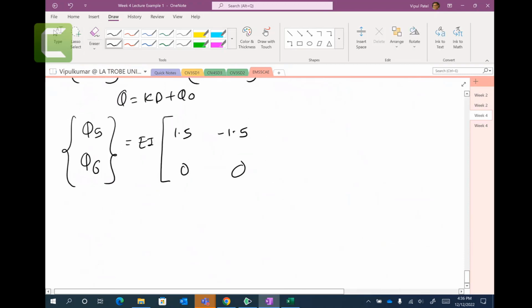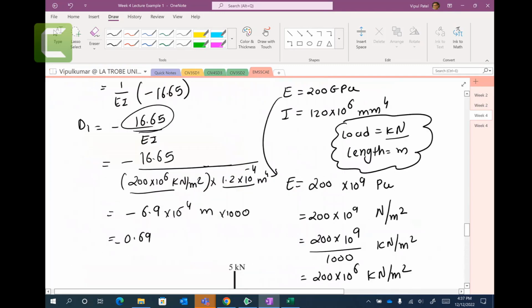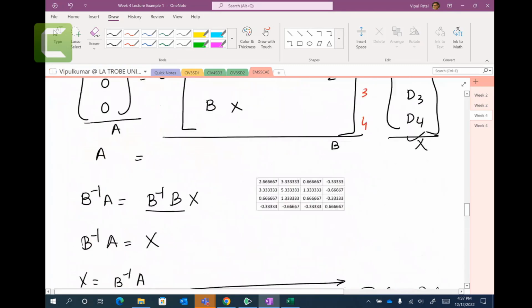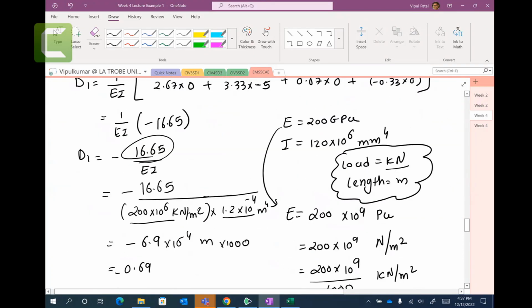We need to get 4 by 2: 1.5, minus 1.5, 0, minus 1.5, 1.5, 1.5, and then you have D1, D2, D3, and D4. Right? So what I did, I grabbed this Q5, Q6, and all these 4 by 2 here, and I get this Q equal to KD.